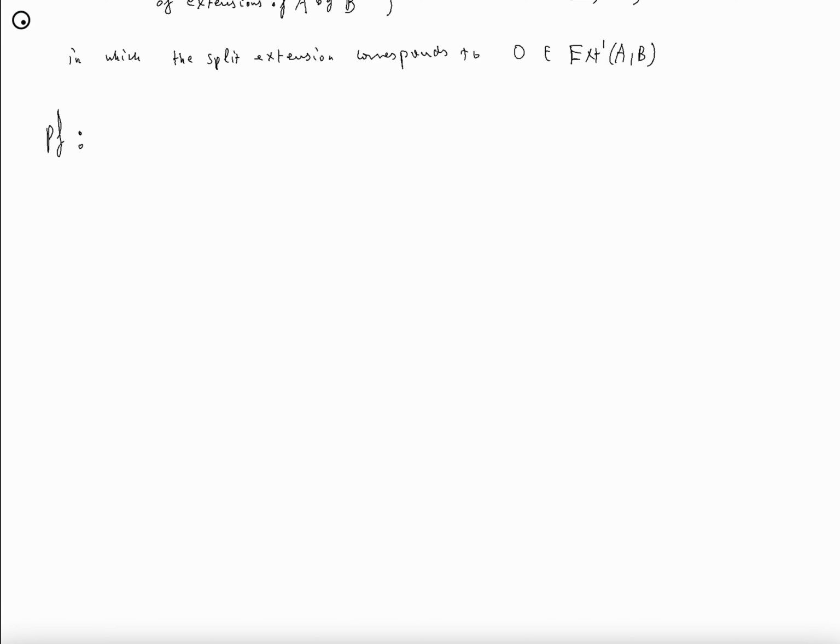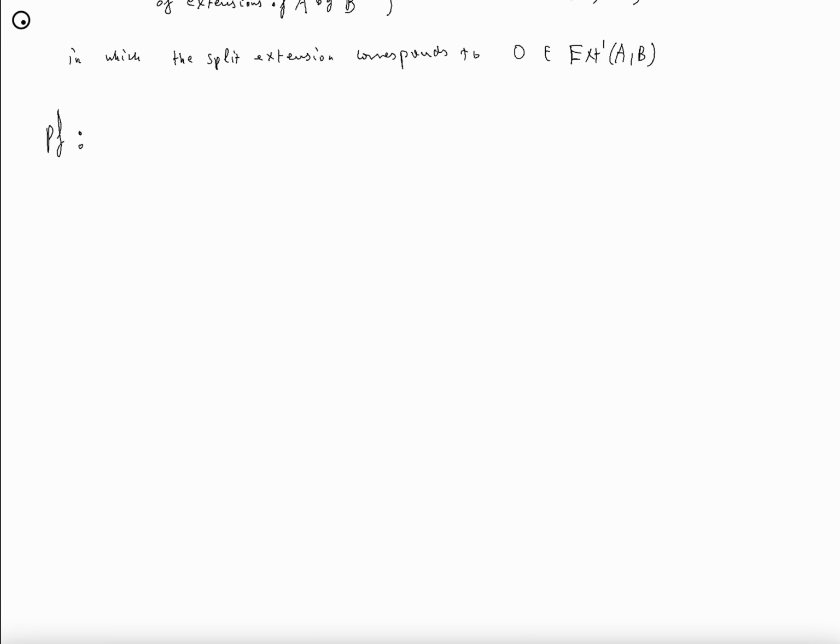And the reason we do that is that for a projective module P, Hom(P, -) is an exact functor, right?